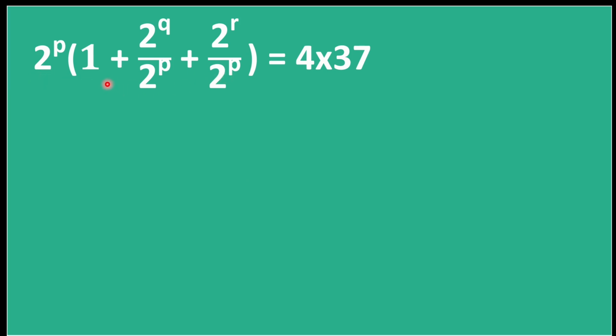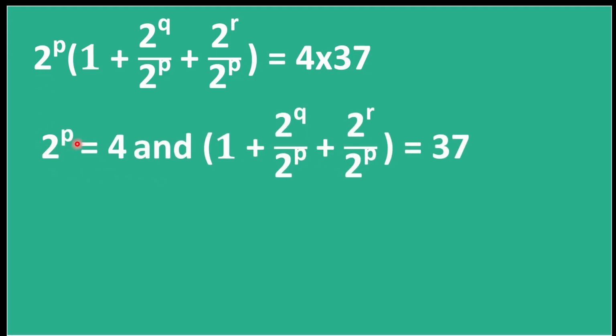We will compare these two values separately with these two values. So we will compare this 2^p with 4 and this whole value with 37. So our equation will become 2^p = 4 and this whole value = 37.